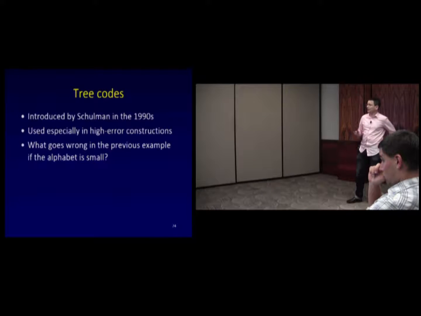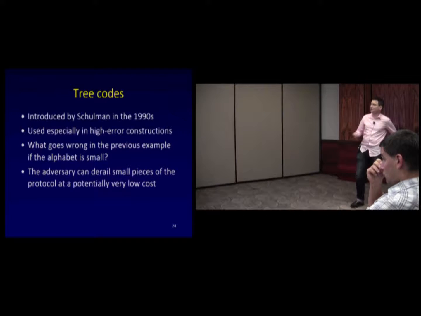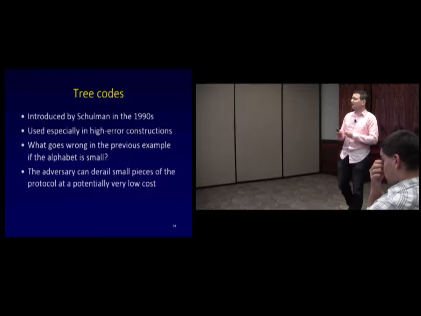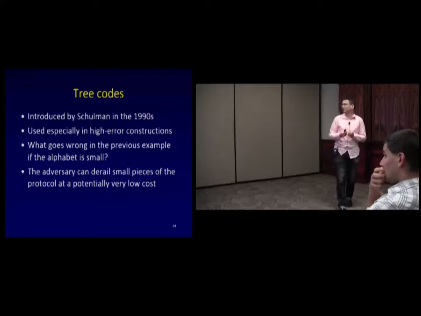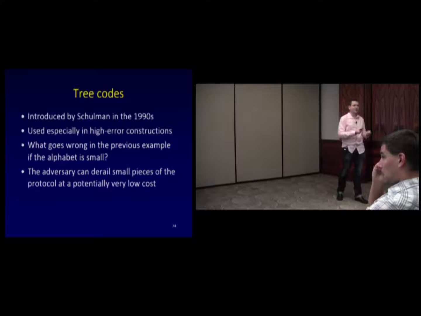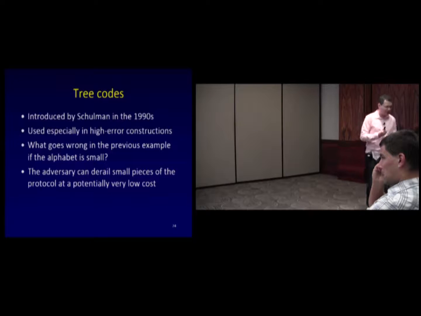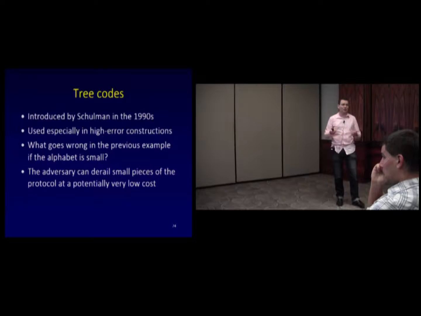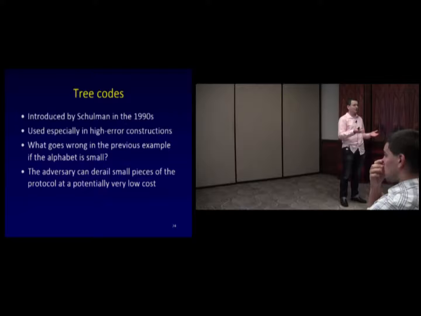So what goes wrong with the previous example, where the alphabet is small, is that the adversary can derail small pieces of the protocol at a potentially very low cost. If you are really trying to be consistent, you can definitely make it work if the error is very small, and if you're allowed to use randomness.